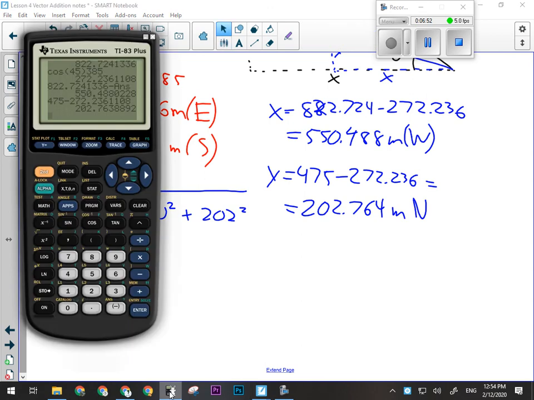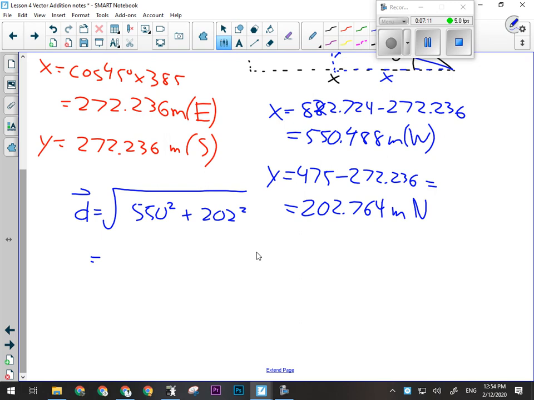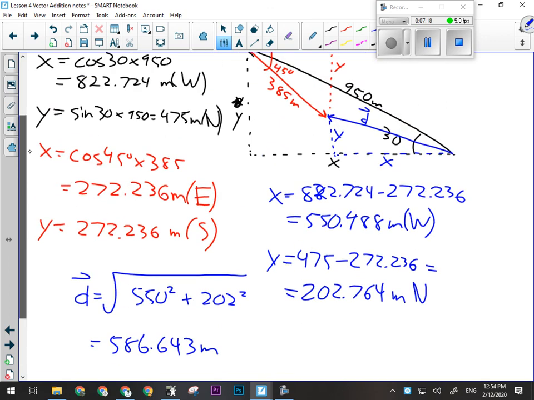Our answer squared, plus 550.4880228 squared. Okay, so our resultant is 586.643 meters.